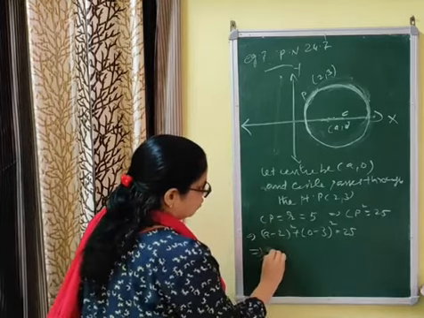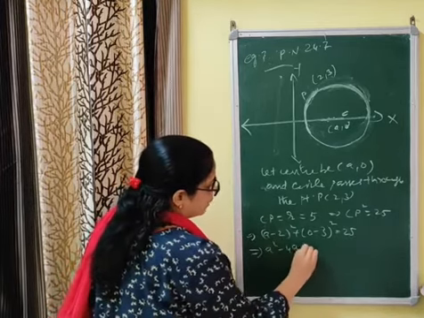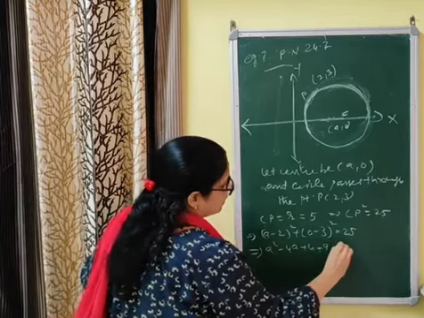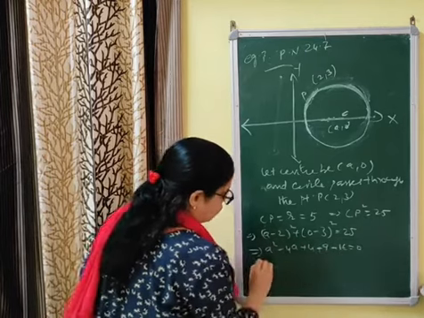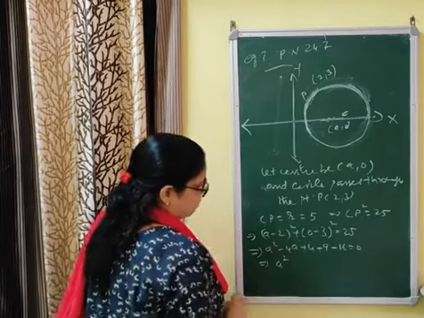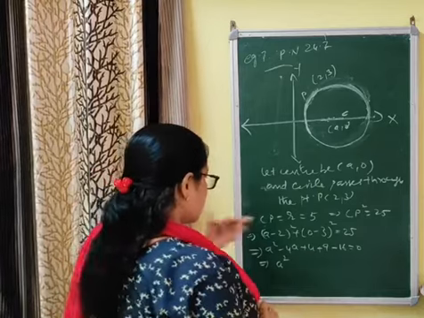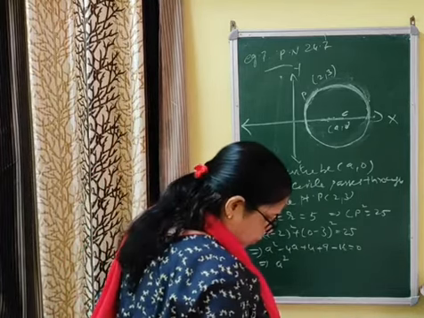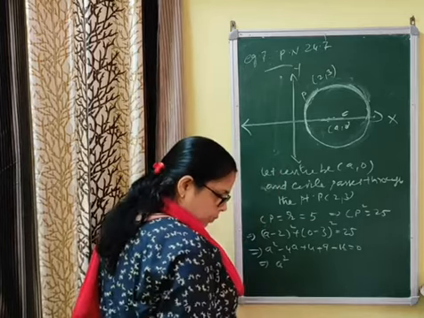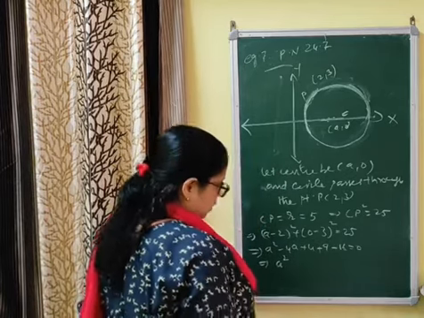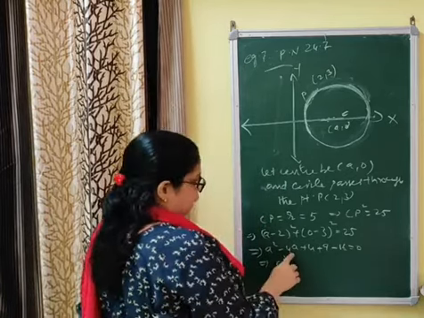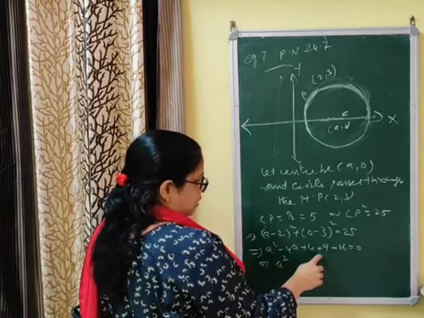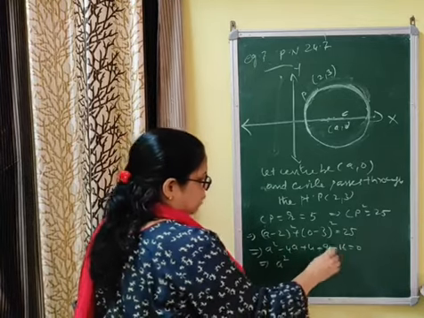Now that is a square minus 4a plus 4 plus 9 minus 25 is equal to 0. Let me check: a square minus 4a plus 4 plus 9, that is 13, minus 25.